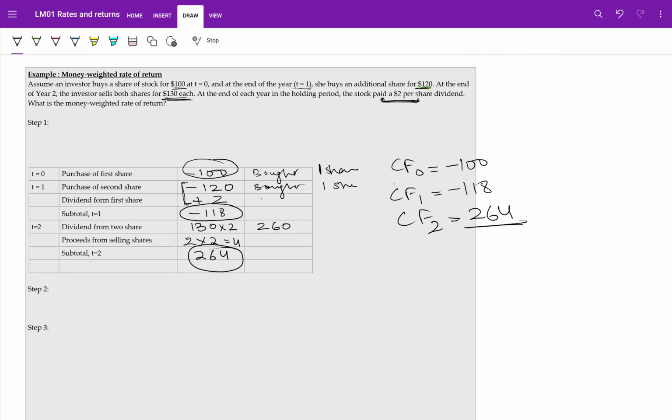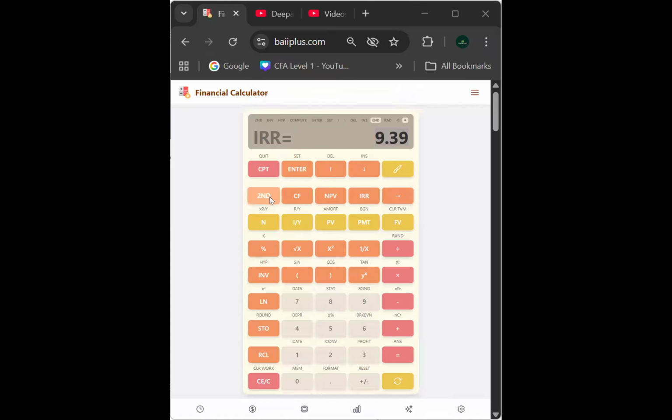And again, I'm going to use my calculator. I will plug in these numbers and see what the internal rate of return is. So I'm going to press my cash flow function and clear the work. My initial cash flow is $100, so I'm going to press the negative sign, enter.